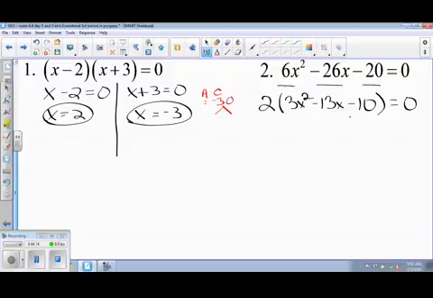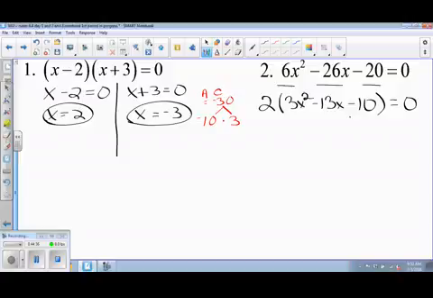So my factors that multiply to equal negative 30 but add to equal negative 13 are 10 and 3. Well, let's see, one of them has to be negative, right? When you add that, you get negative 7. That's not right.